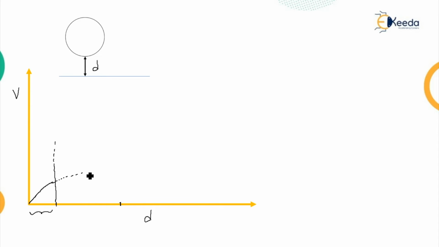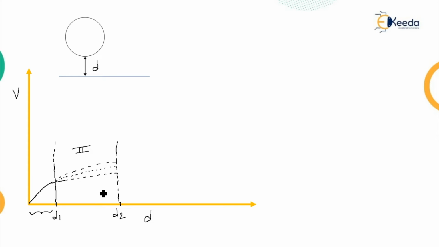But as the gap length increases, we get the second region, at fairly large spacing. So this is distance D1, this is spacing D2. For this particular region, the field is non-uniform and the breakdown voltage depends both on the sphere diameter and the spacing.